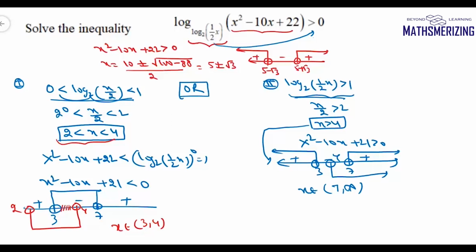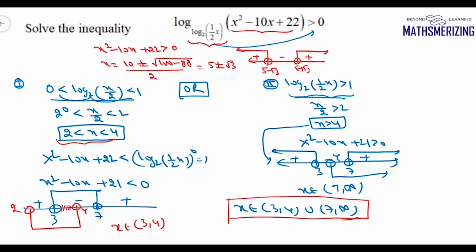Now, either the base lies between 0 and 1 or the base is greater than 1, so there is an or. I'll need to take the union of these two conditions. If I take the union, I'll get x belongs to (3, 4) union (7, infinity). Finally, I need to take the intersection of this result and the condition for the domain.